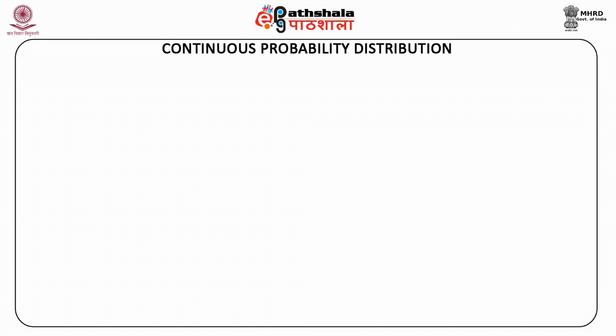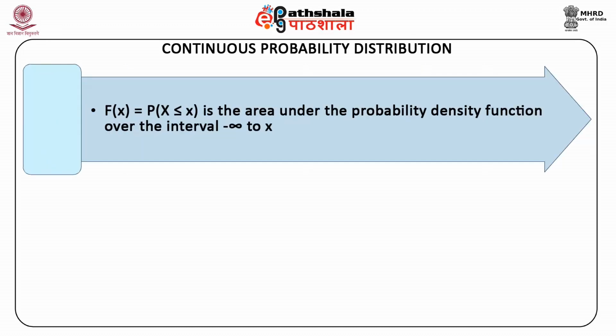Let's now move on to the distribution function under continuous probability distribution. The distribution function, denoted by F(x), is the probability that a random variable with the probability density f(x) takes on a value less than or equal to x. Thus, for any value x, F(x) is equal to the probability of capital X less than or equal to small x, which is the area under the probability density function over the interval minus infinity to x.